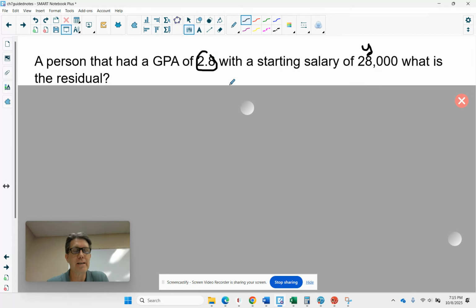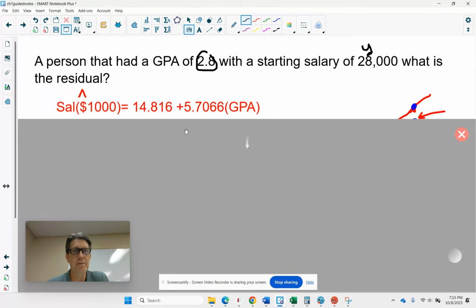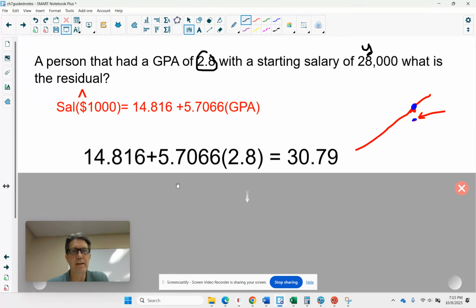So again, pause the video, but otherwise I'm going to move ahead. First, I would take the 2.8, substitute it in. We substitute it in, we get 30.79. Now that's $30,790. And you either are going to take the actual salary, 28,000, subtract 30.79, which is the prediction, and say they have a residual of negative 2.79 thousand or $2,790 less.